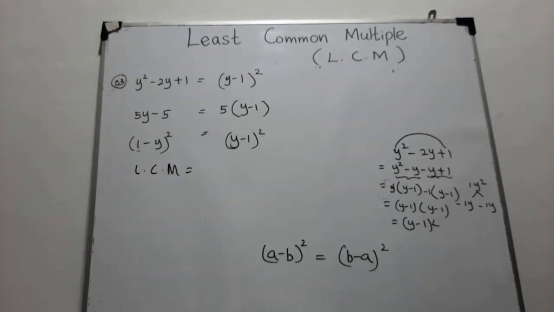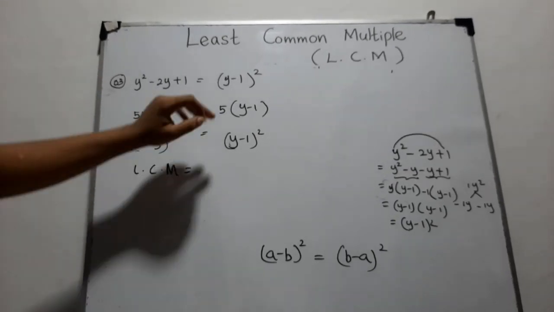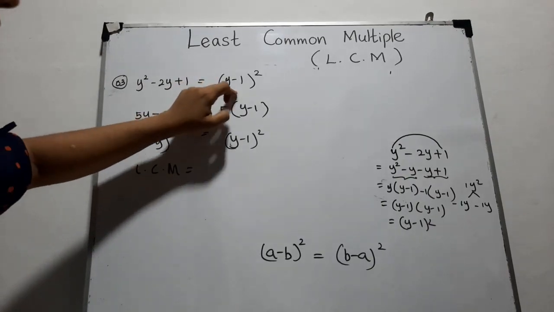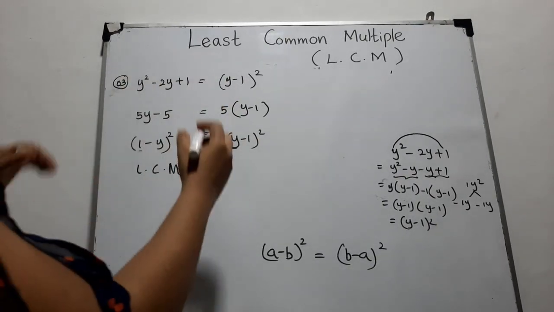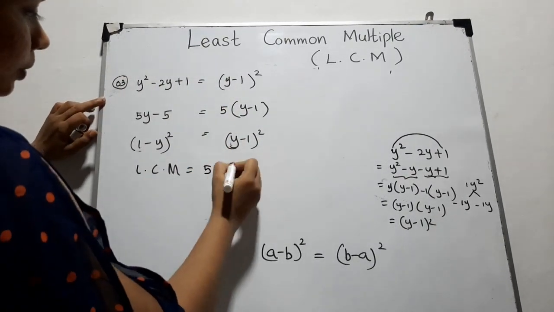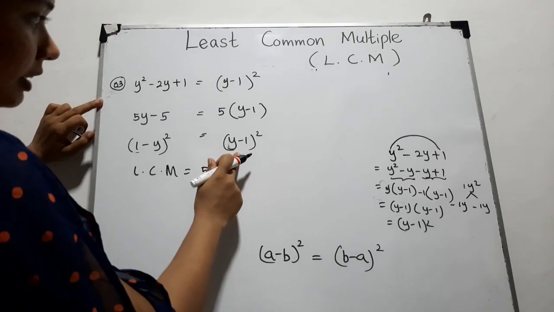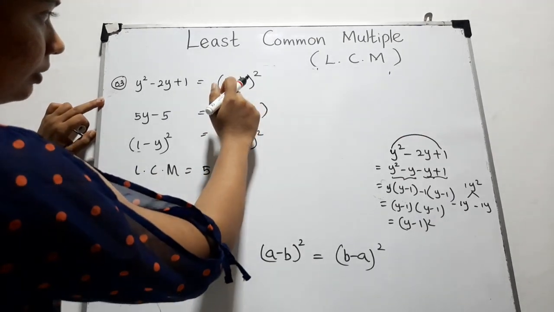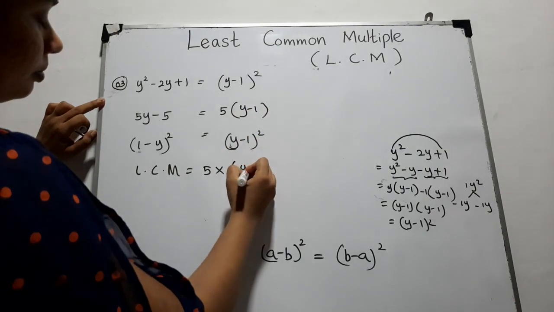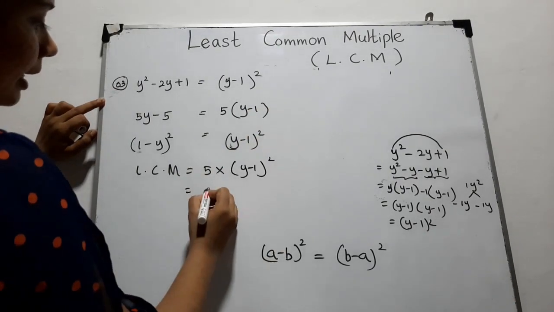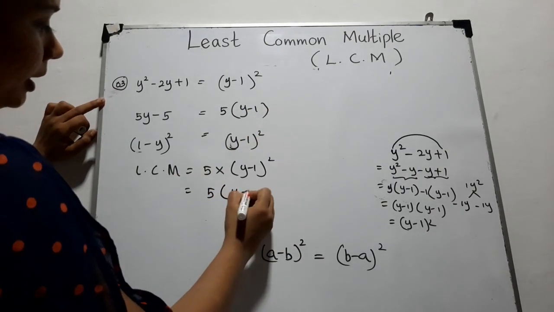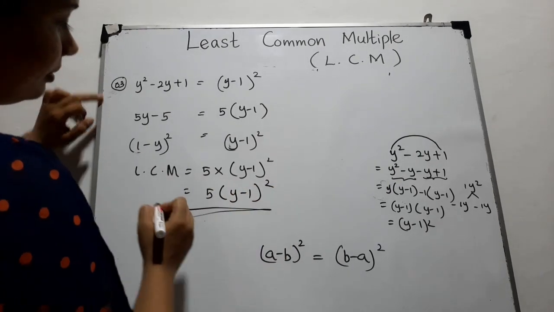It has two distinct factors. What are those? 5 and (y minus 1). Now LCM is 5 into the greatest power of (y minus 1), which is (y minus 1) to the power 2. So the LCM is 5 times (y minus 1) squared.